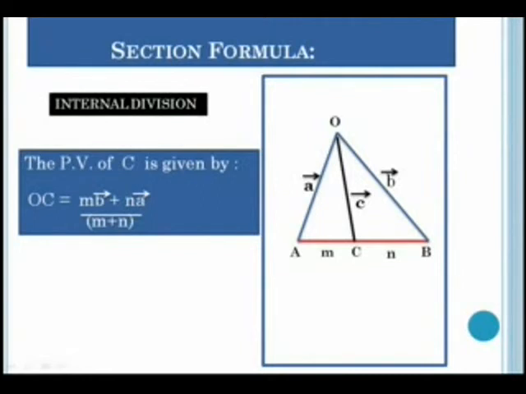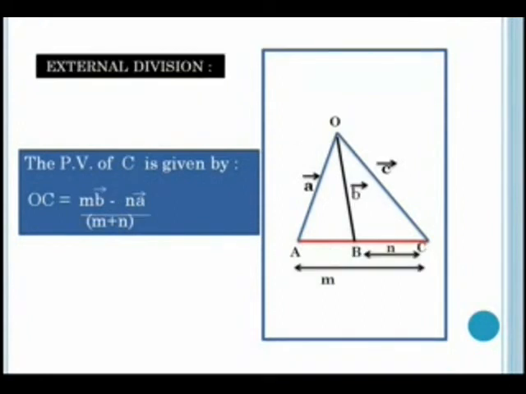So once again, if we have any point C which divides the points A and B in the ratio of m:n, then the position vector of the point C is given by m times B plus n times A divided by m plus n, where m:n is the ratio in which the point C divides the segment AB.